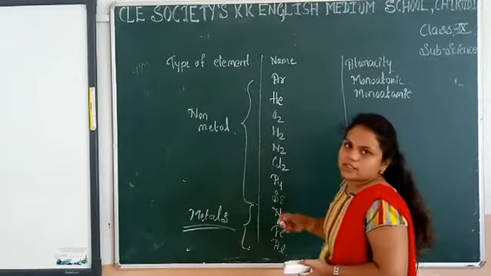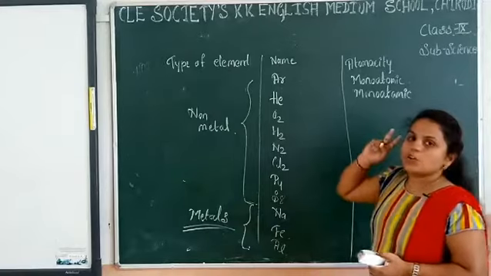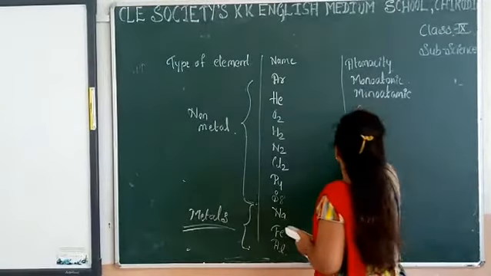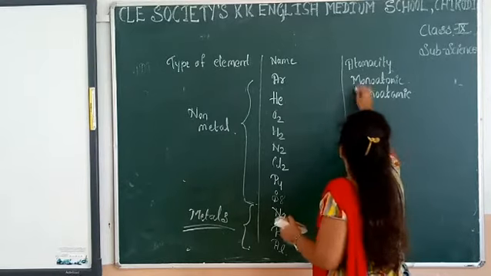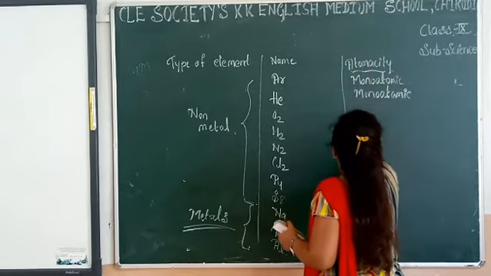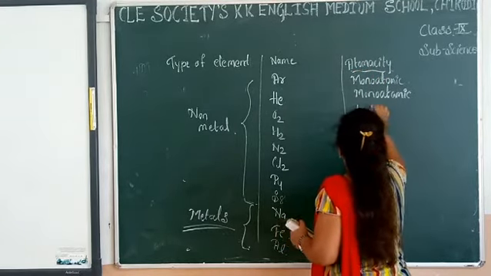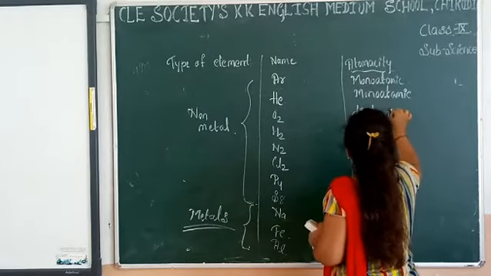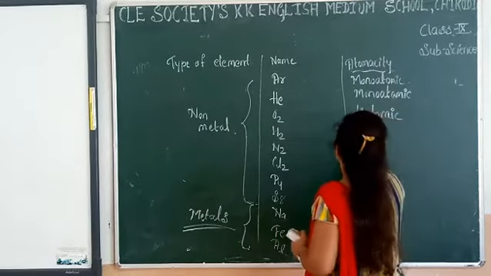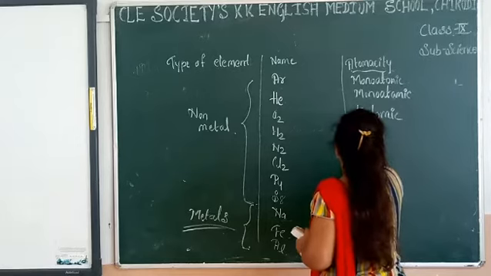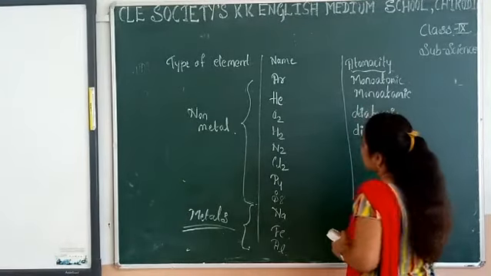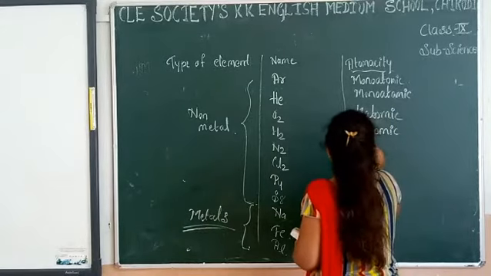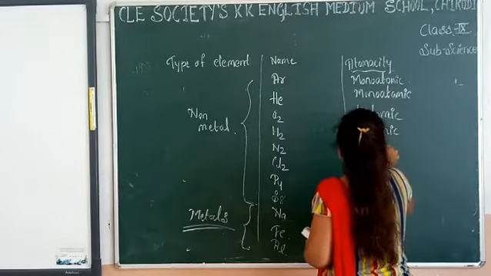Next is oxygen. It is present as two atoms, so it is diatomic, because we are counting atomicity. Hydrogen is also diatomic. Nitrogen is also diatomic.